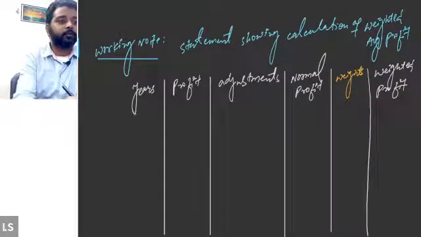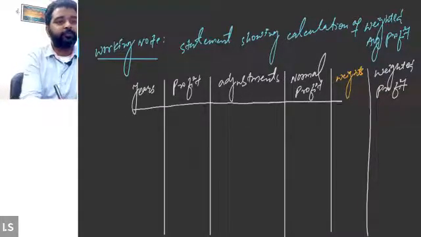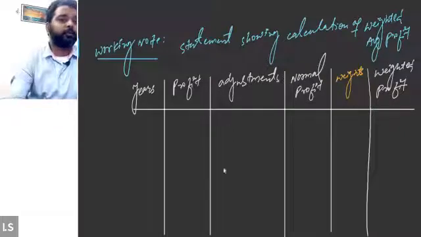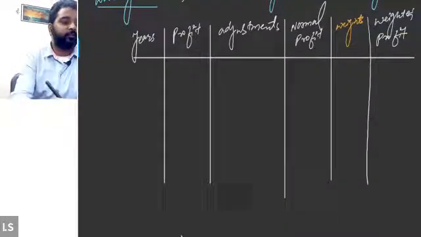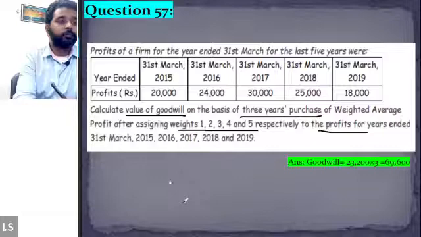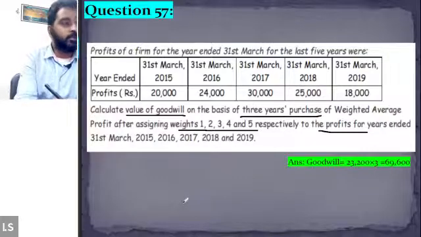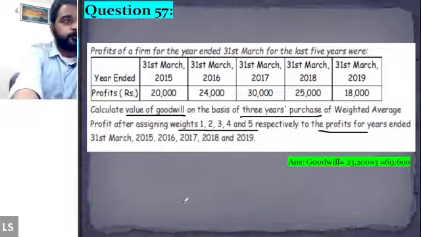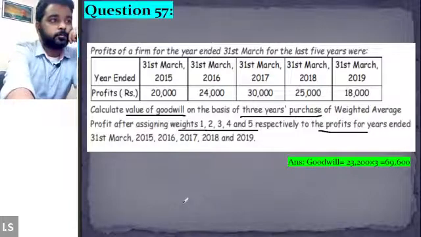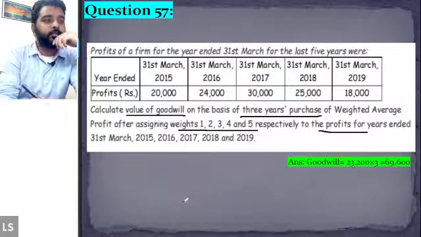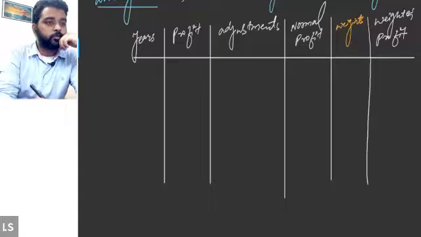All right. So we have the information about 5 years of profit. Let's start with year 1, which was 2015. In the year 2015, the profit generated by the business was 20,000.